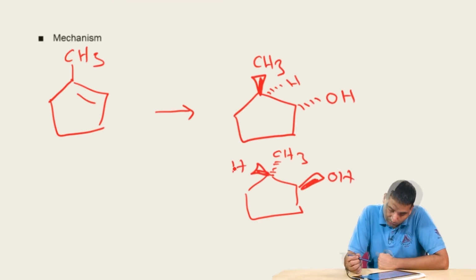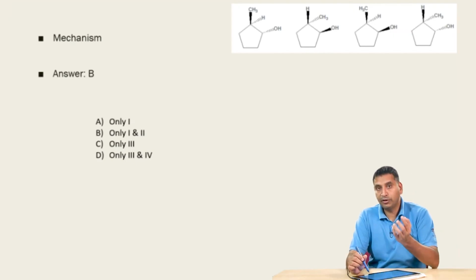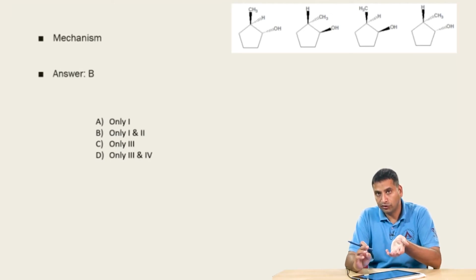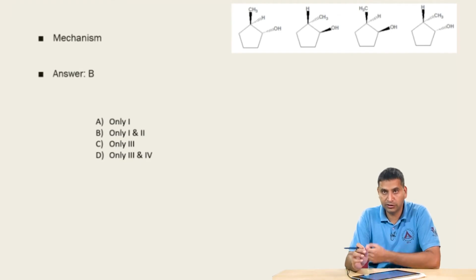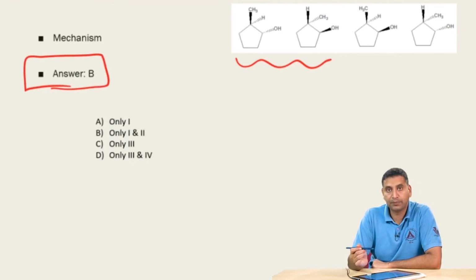Okay. So, clearly if you look at the answers that are given here, from a stereochemical standpoint, the anti-addition is not possible and therefore, you can eliminate the choices of 3 and 4 based on this. And so, the only 2 choices of the correct answer are 1 and 2, which is basically answer B.